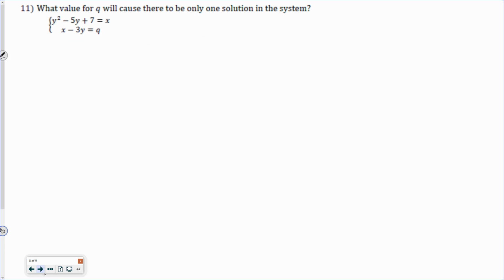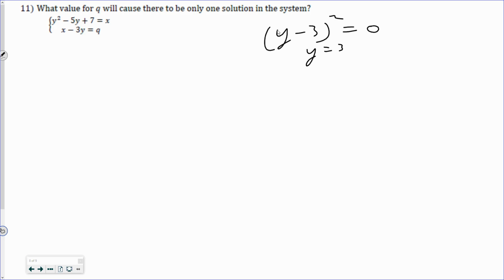All right, this one. What value for q will cause there to be only one solution to the system? In this problem, the only time you'll ever have one solution to a system is if you have something like y minus 3 squared equals 0. That is where you have only one solution, 3.